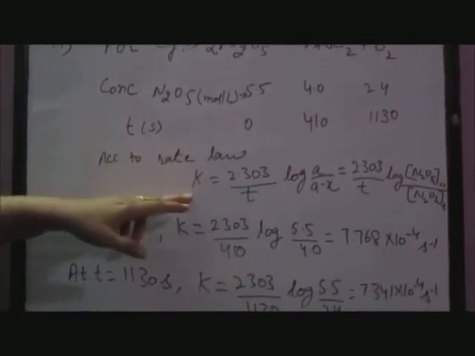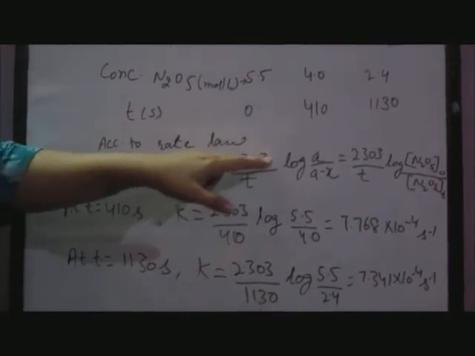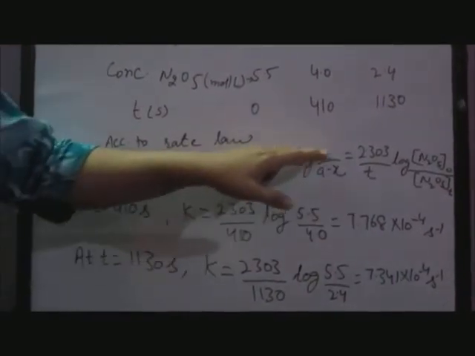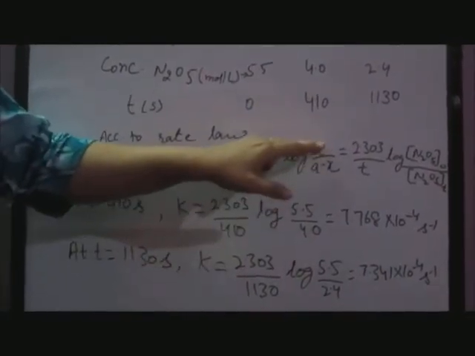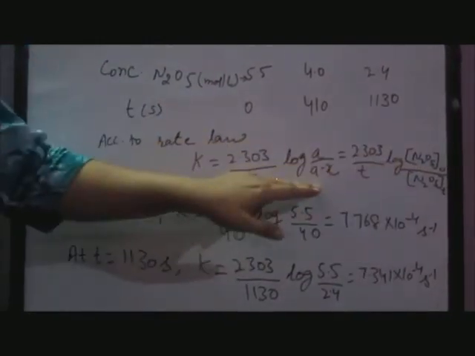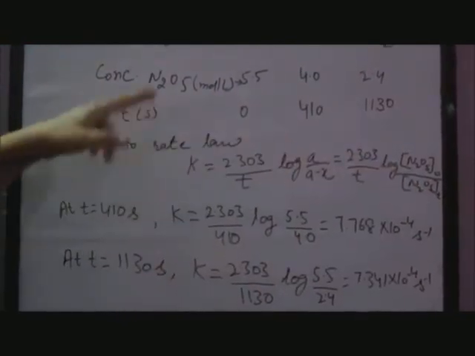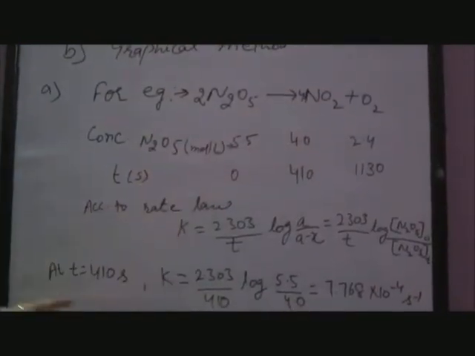According to rate law, rate constant K is equal to 2.303 upon t log a upon a minus x, where a is the initial concentration of N2O5 and a minus x is the concentration at time t. This is a first order reaction.